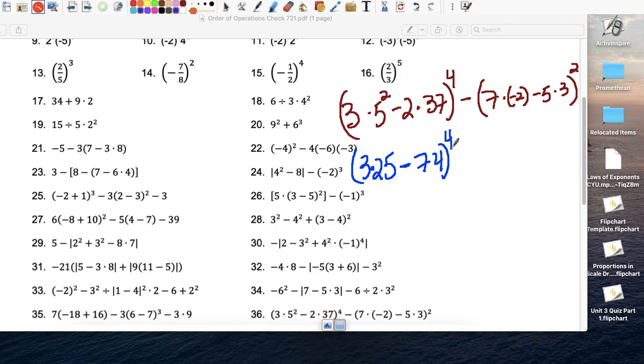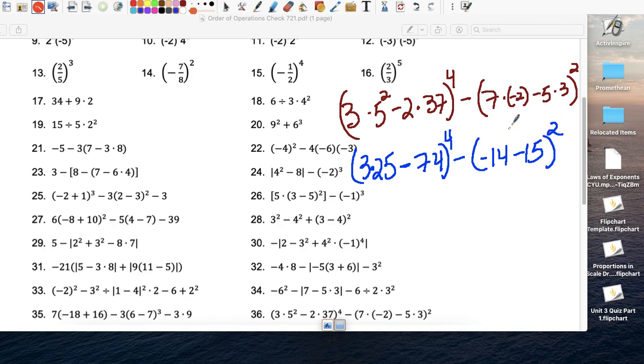The fourth power. Minus, and then here we have 7 times negative 2 and then 5 times 3. Well, 7 times negative 2 is negative 14. And minus 5 times 3, which is 15. Raised to the second power.